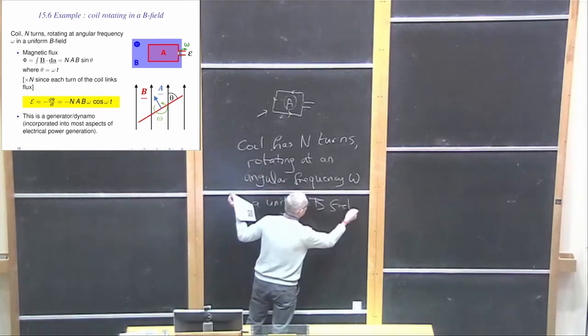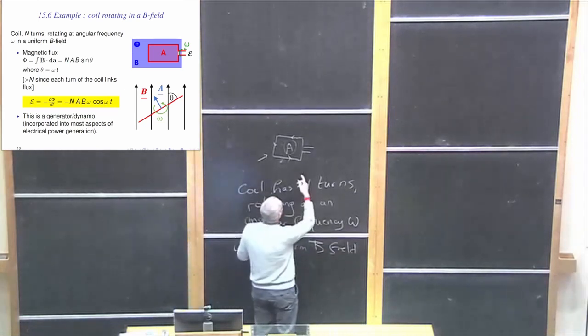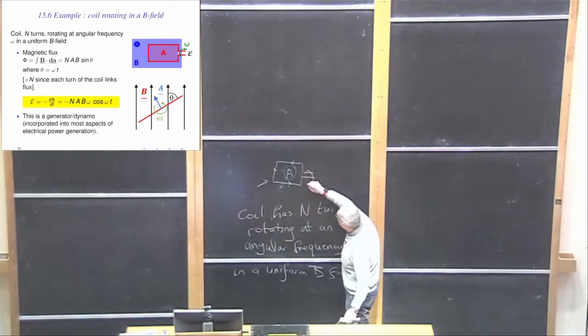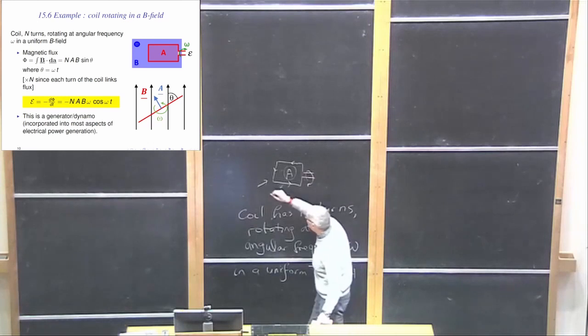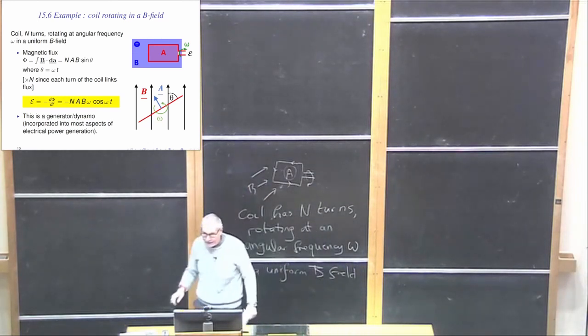It's going round and round. This is a poor picture, of course, but it's going around like that. So it's rotating in this B field, which is going into the board.